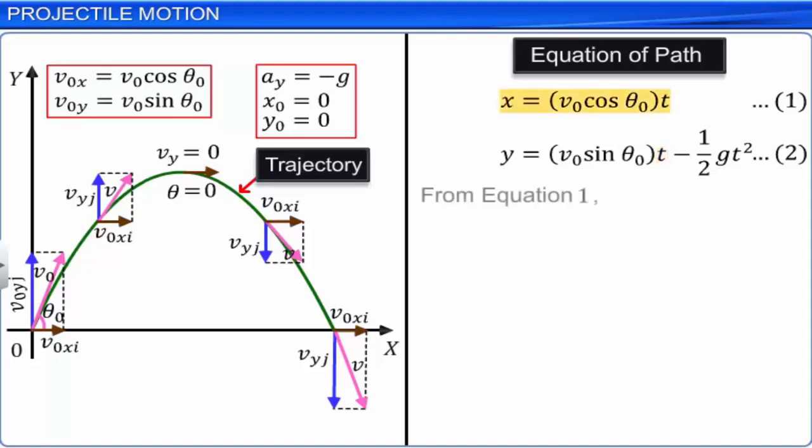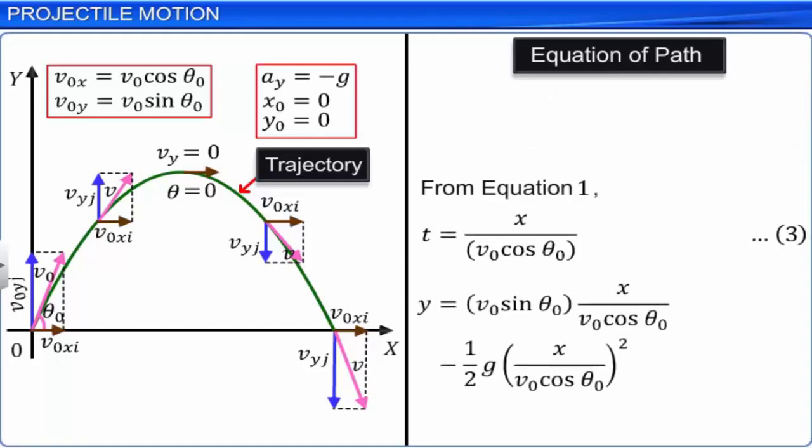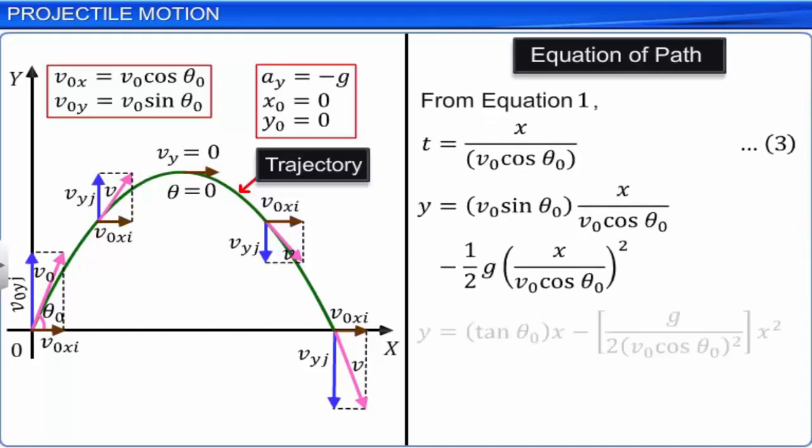From equation 1, we can write t is equal to x divided by v0 cos theta 0. Let this be equation 3. Substituting equation 3 in 2 and simplifying, we get y is equal to tan theta 0 into x minus g divided by 2 into (v0 cos theta 0) square into x square. Let this be equation 4.